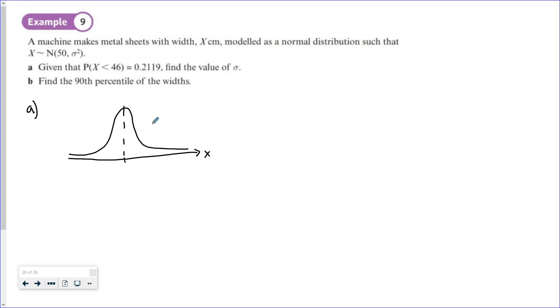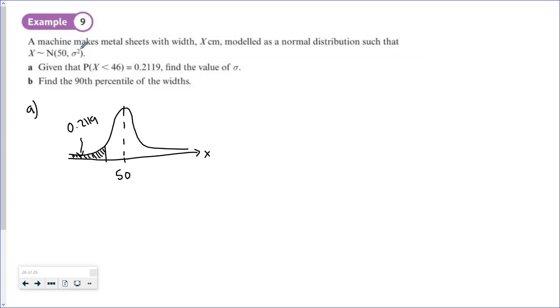We know that for our x variable the mean is 50, so the distribution is centered on 50, and we're told the probability of x being less than 46 is this probability here. So we can shade in this area, and we know that that area there is 0.2119.